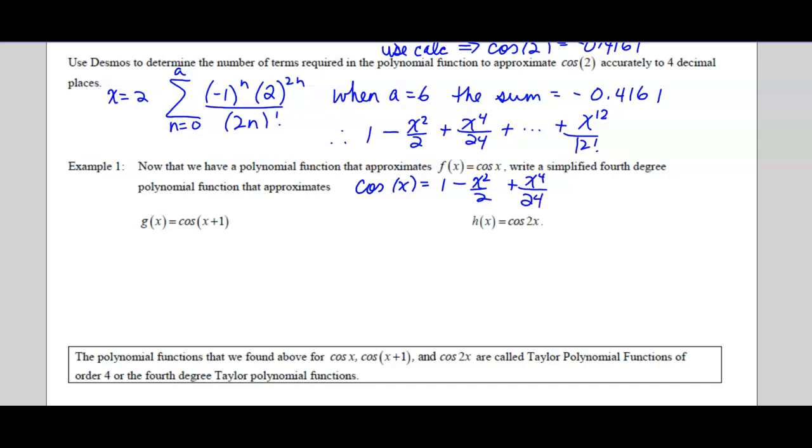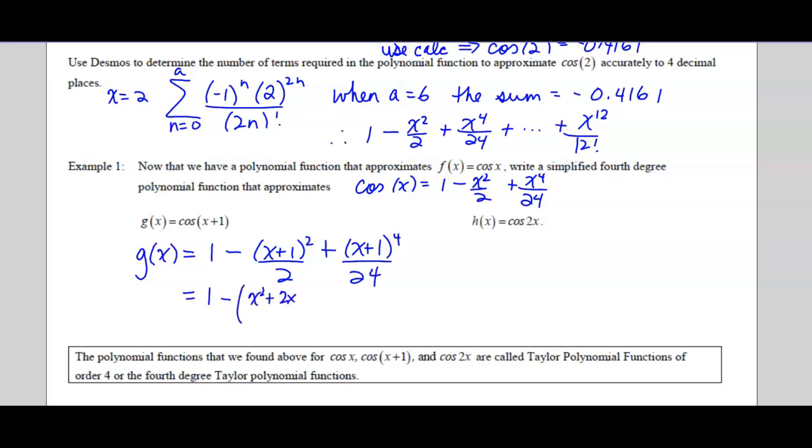For g of x, we just replace x with x plus 1. So it'll be 1 minus (x plus 1) squared over 2 plus (x plus 1) to the 4th over 24. You can expand that out. Sometimes we'll leave it, sometimes we'll expand it. If it's degree 4, probably we'll expand it, and we'll have some like terms to deal with. So quickly do that.